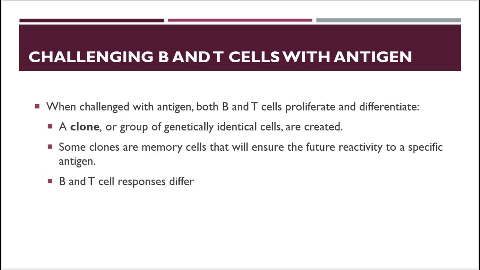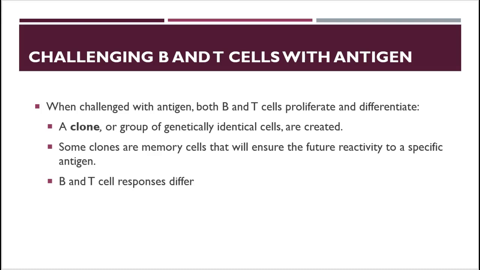So a clone is a group of cells that are genetically identical. So we're going to end up with multiple clones of the same B or T cell that recognize the same antigen. Some of these clones will become memory cells that will ensure that when that antigen is seen in the body again, the reaction will be rapid.